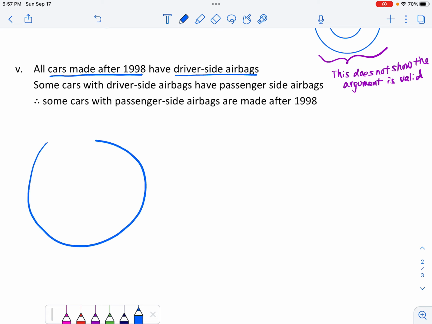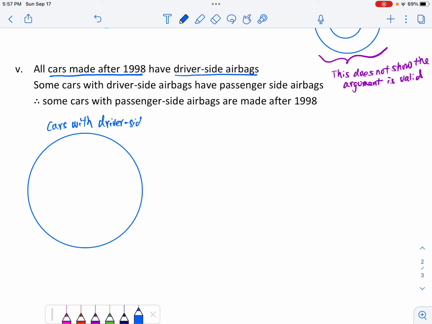So therefore I'm going to draw two circles. The first one represents cars with driver side airbags. The second one is the cars made after 1998. So there were two different sets.